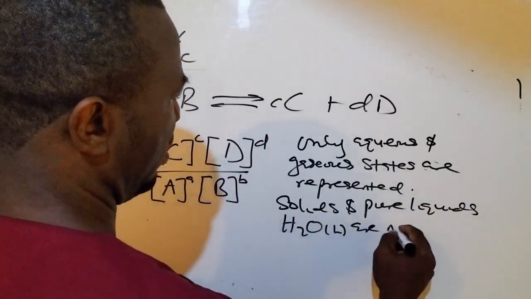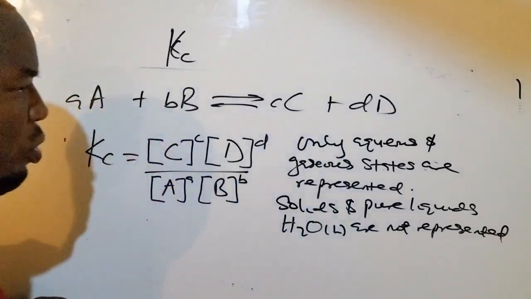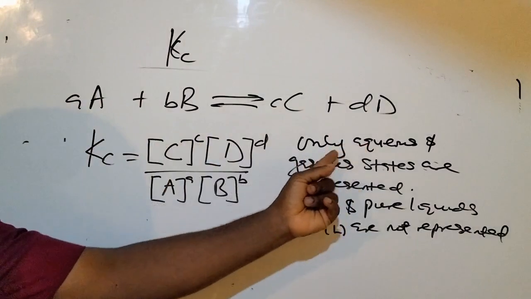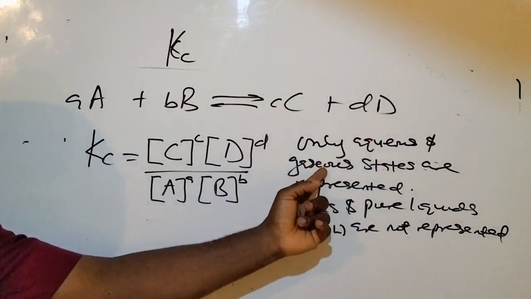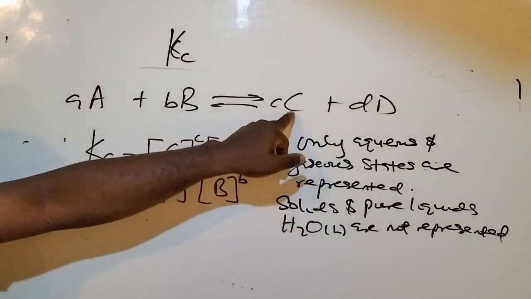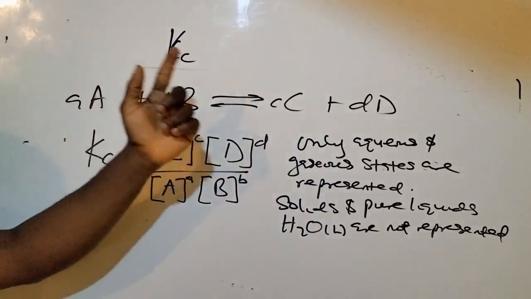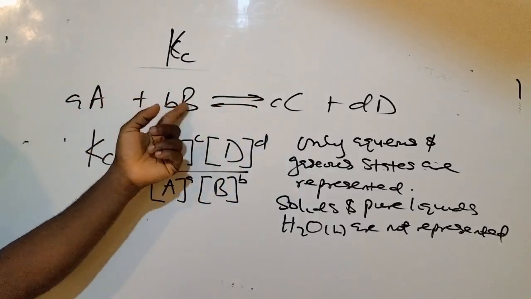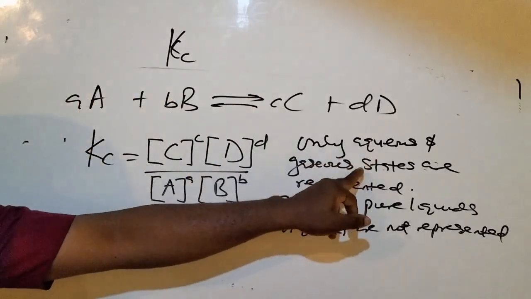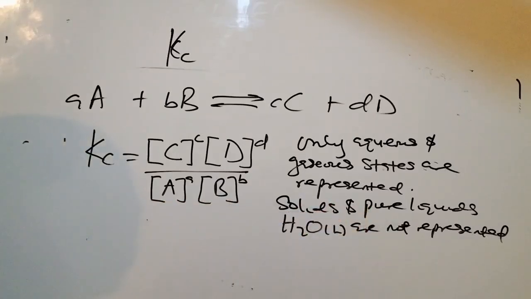So when you want to write the equilibrium constant expression, we assume that these substances are all in gaseous or aqueous state, or a mixture of both. If C were to be solid or liquid, it will not appear here; you remove it. Or if A or B were to be liquid or solid, you remove them. So you only represent aqueous and gaseous state in writing your Kc. You don't represent solids or pure liquids.